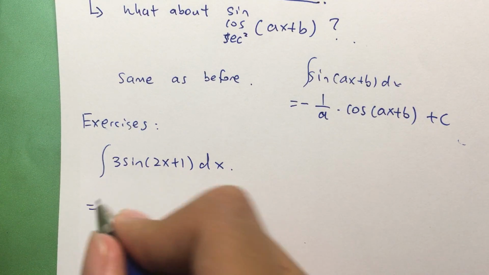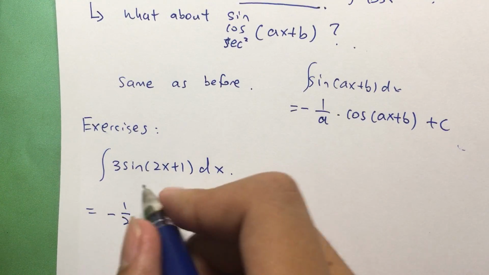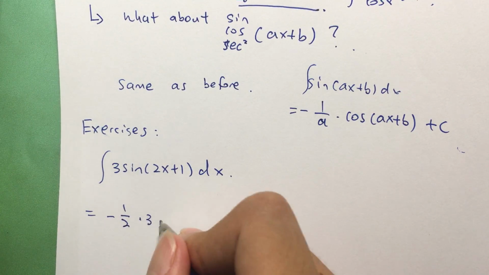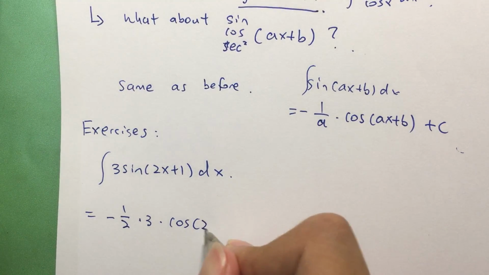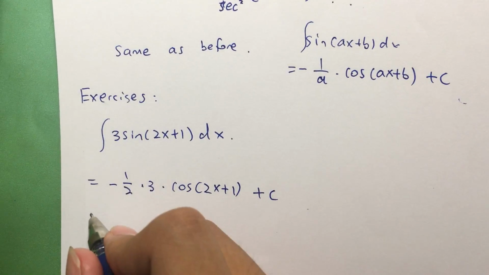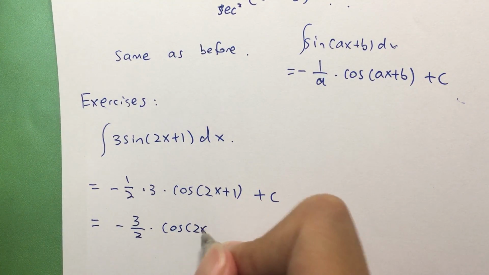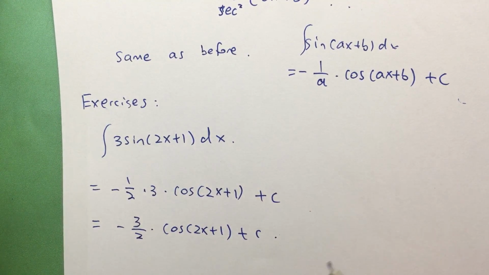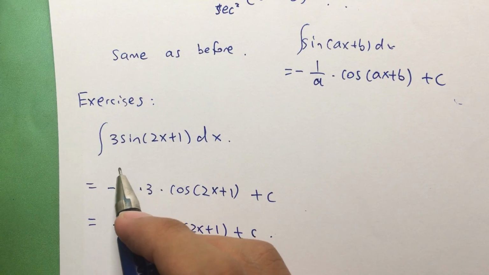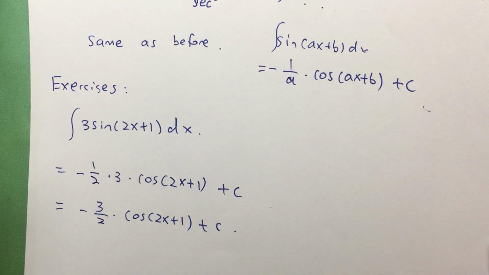So let's do it. 2 becomes a half, but sine becomes cosine, and there's a negative here, and we times 3 times cosine 2x plus 1 plus c, which means the answer is negative 3 over 2 times cosine 2x plus 1 plus c. Don't forget to write your c down if it's an indefinite integration, because otherwise you will lose 1 mark.